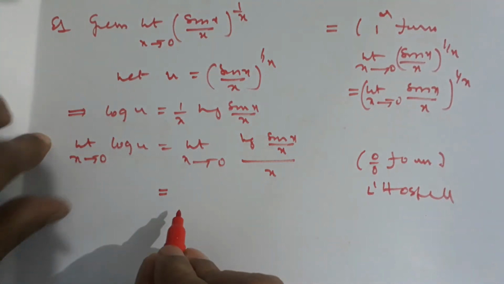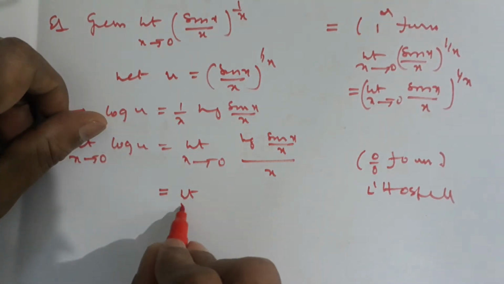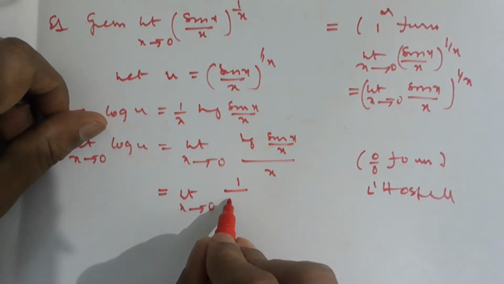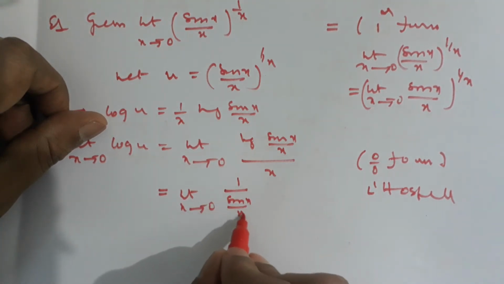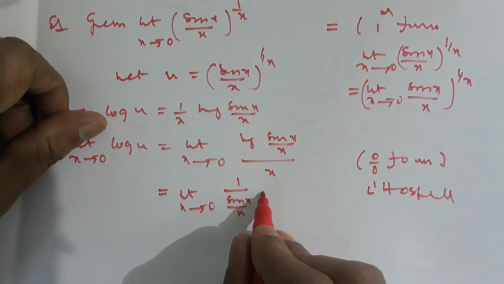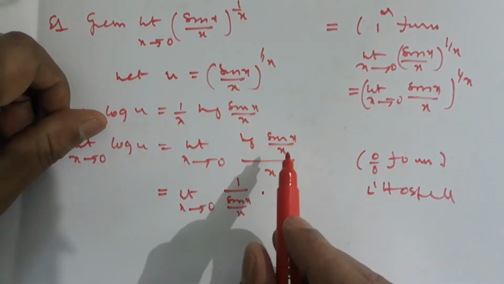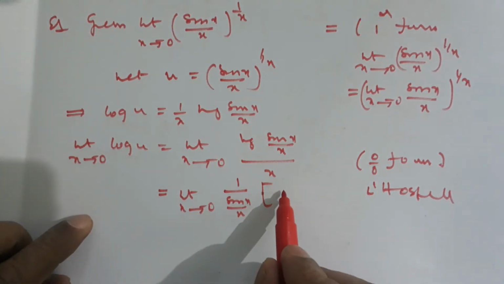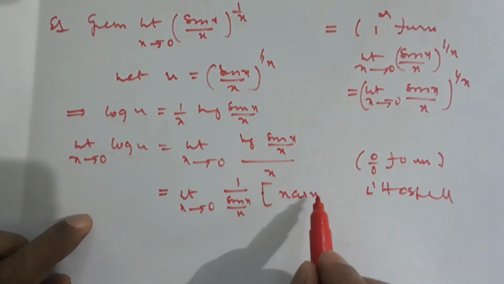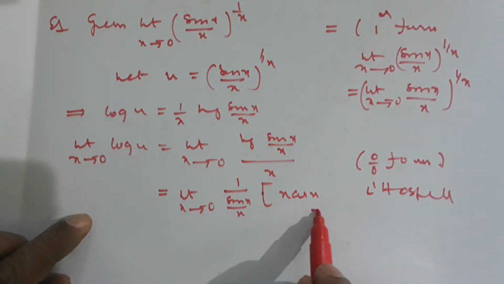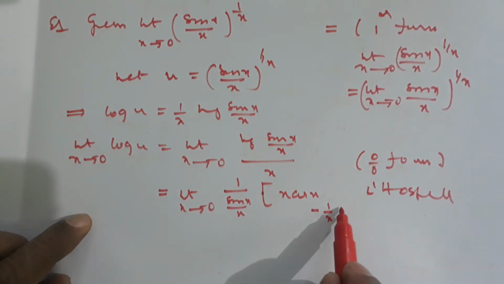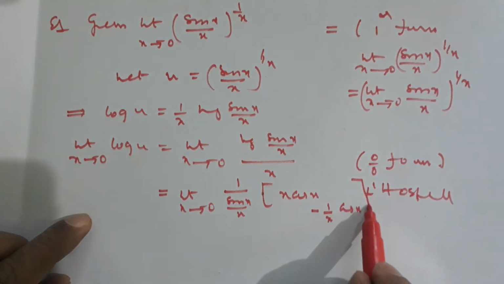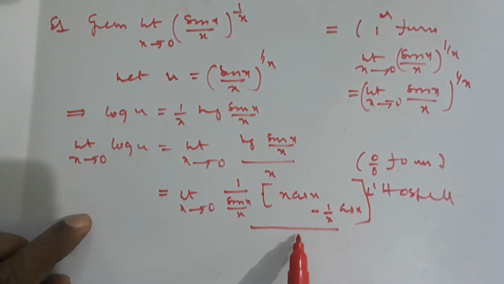So this will be equal to limit x tends to 0, 1 by sin x by x into the derivative of sin x by x. We can differentiate by the u by v method: x cos x minus sin x, whole divided by 1.